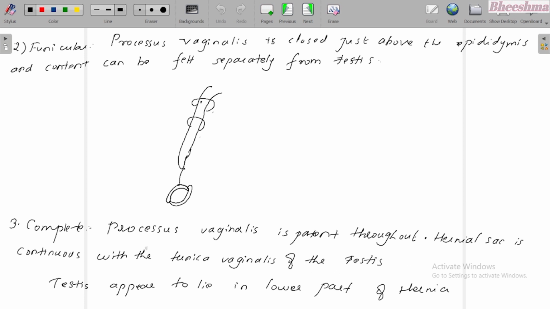Hernial sac is continuous with the tunica vaginalis of the testis. Testis appears to lie in the lower part of the hernia.